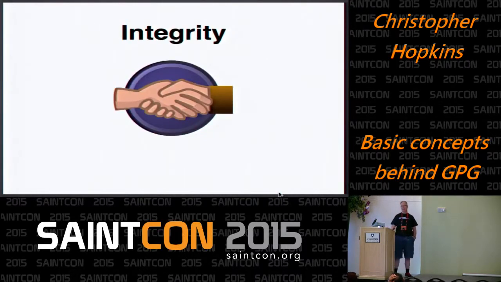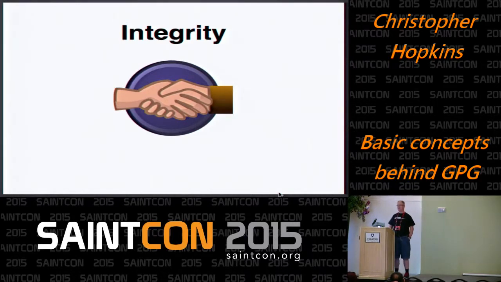Next one is integrity. So a message came. What confidence do you have that it hasn't been modified or changed? Because someone's sending you a message and it's somewhat sensitive, you want to have some confidence that it's not been modified on you.